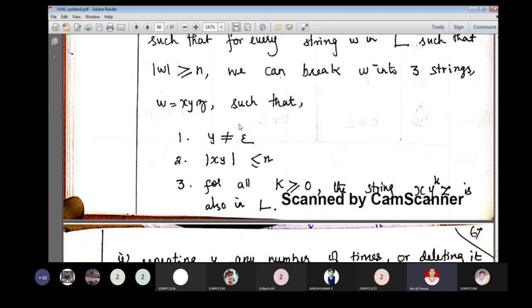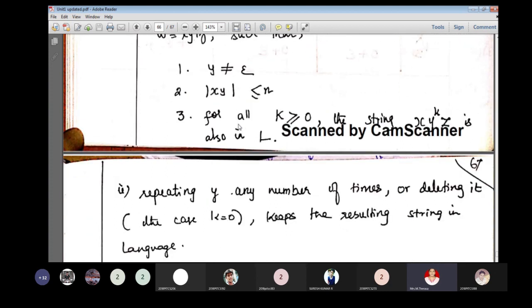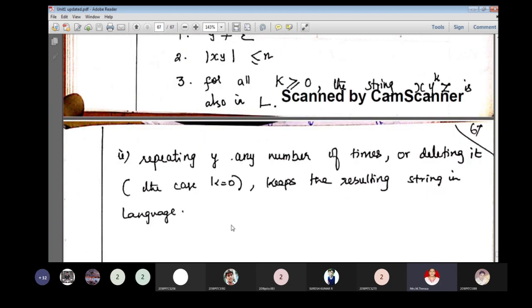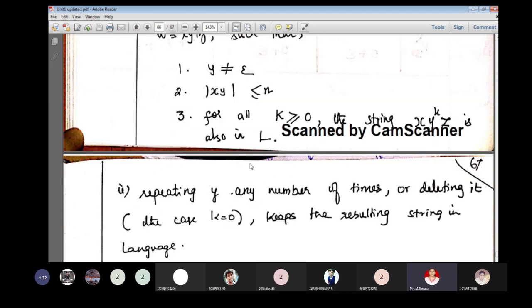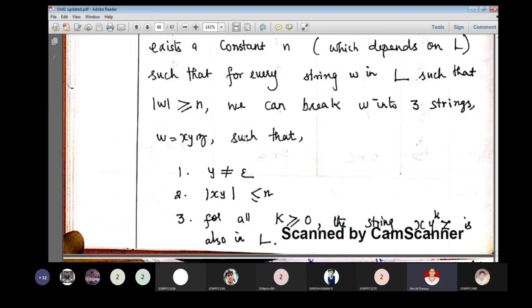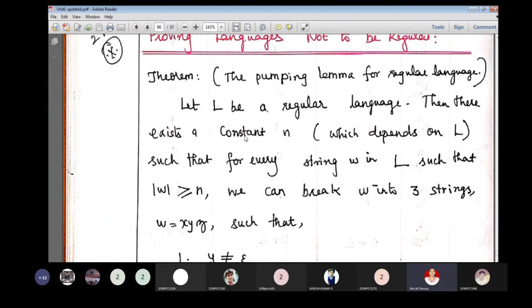For all k greater than or equal to 0, the string xy^k z is also in L. So repeating y any number of times or also deleting it. So deleting it is when k is equal to 0. So it should belong to L. Okay. So by breaking the third condition, or by making the third condition false, we can prove the assumption is wrong and the given language is not regular.